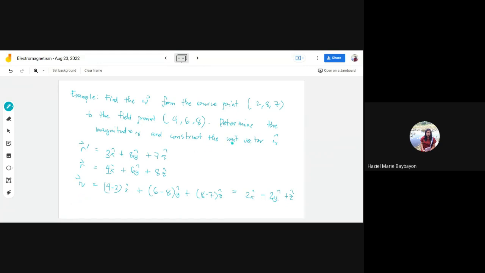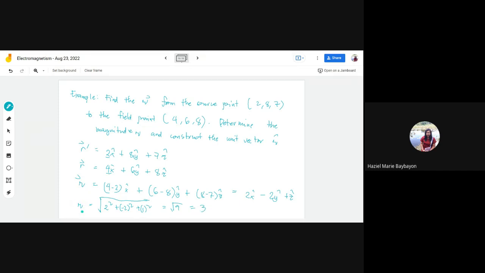Next is to find the magnitude. r is equal to the square root of 2 squared plus minus 2 squared plus 1 squared, which is 4 plus 4 plus 1, or 9. So the square root of 9 is 3, the magnitude of the separation vector.